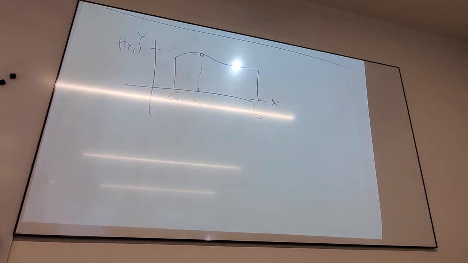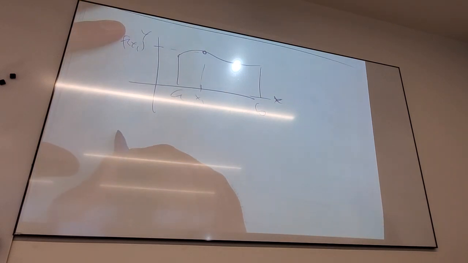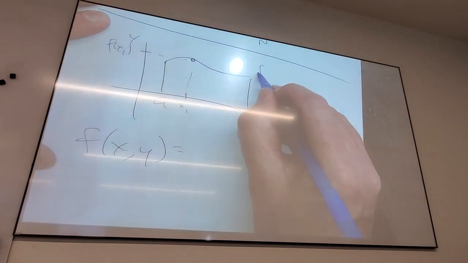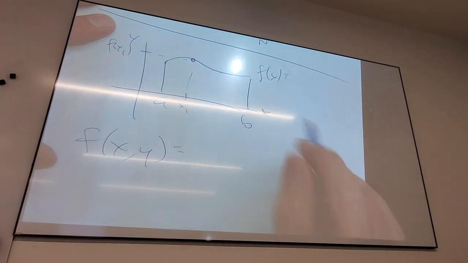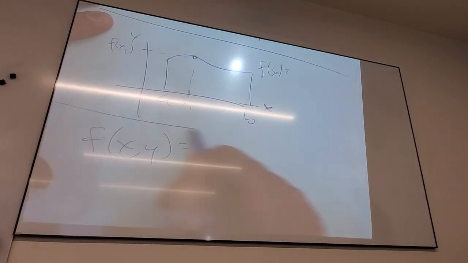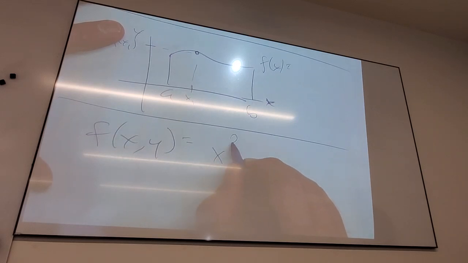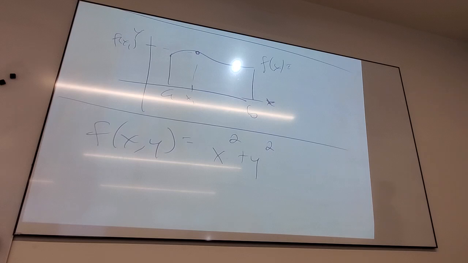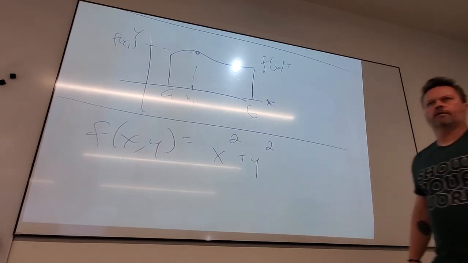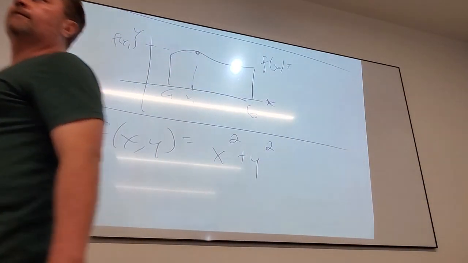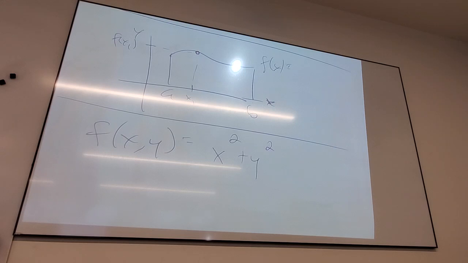So for example, if I define a function of x and y, for example, x squared plus y squared, and let's say this is the origin, this is 0, 0.